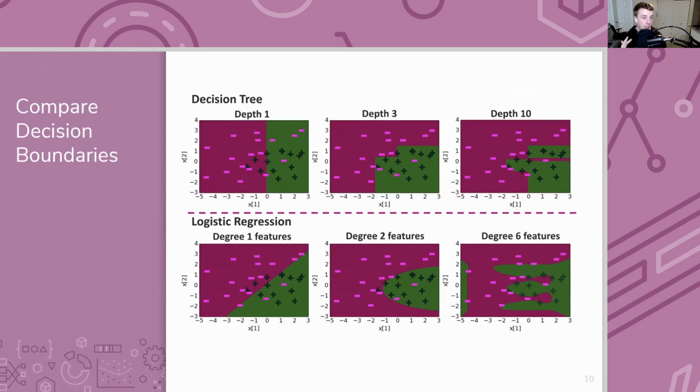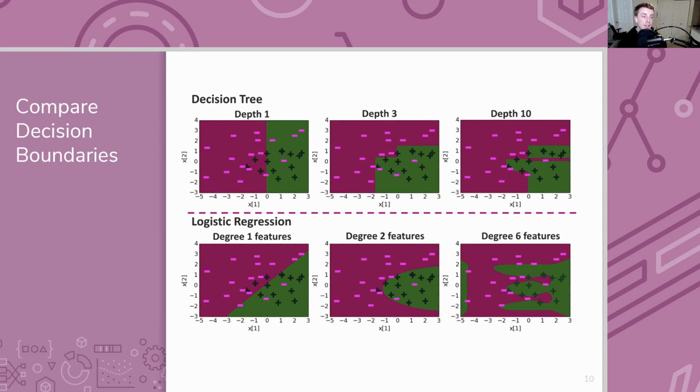And speaking of logistic regression, I think it's useful to think about how the decision boundaries differ between decision trees and logistic regression, where logistic regression is learning this line. And as you increase more features or a higher degree polynomial, you can learn more and more complex functions. Just like with that, increasing the height of your tree will make it a more complex series of these dividing lines.